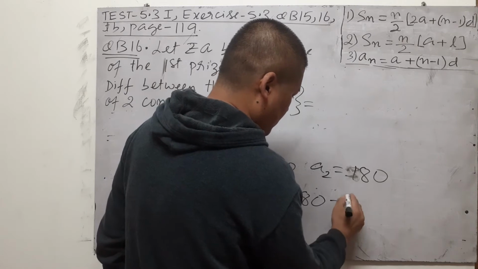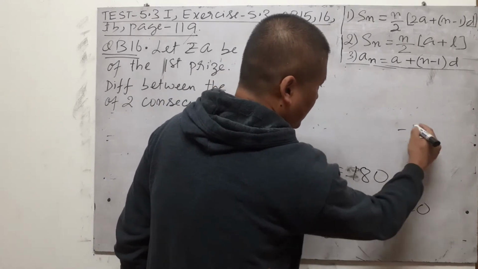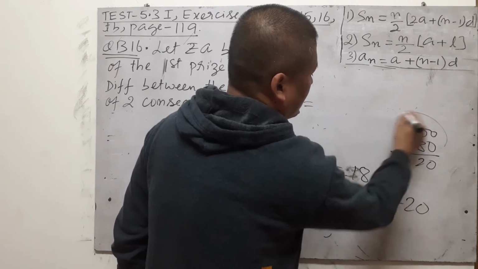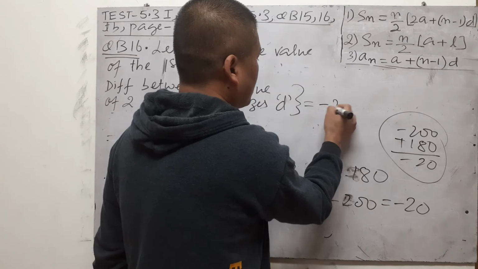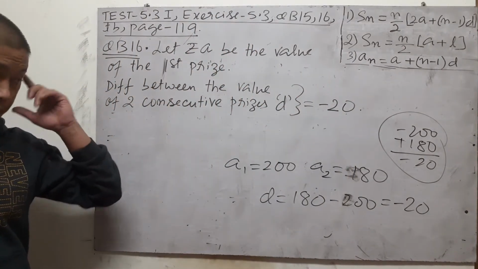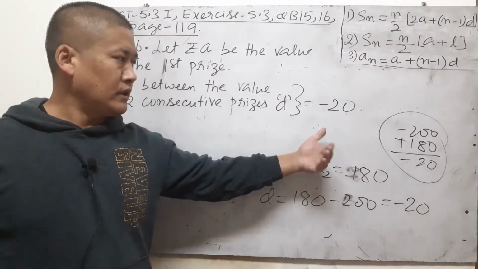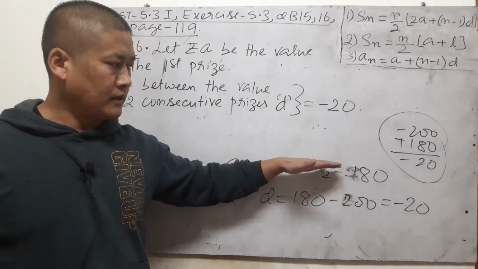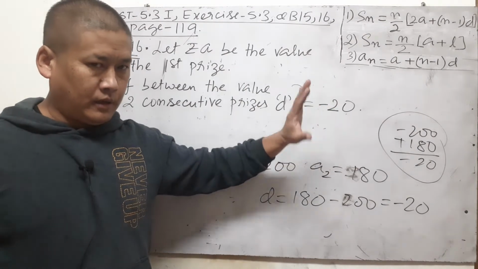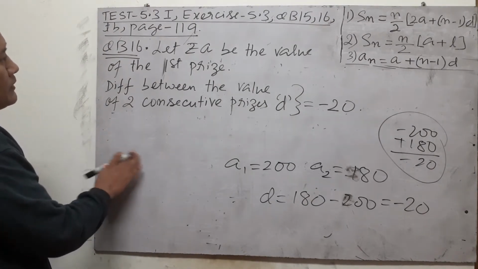A1 is 200, so 180 minus 200 is minus 20. That's why you get here minus 20, not plus 20. That's where we have to be careful, because each prize is decreasing by 20, not increasing. The second prize is decreasing by 20 rupees compared to the first prize. So that's your common difference.